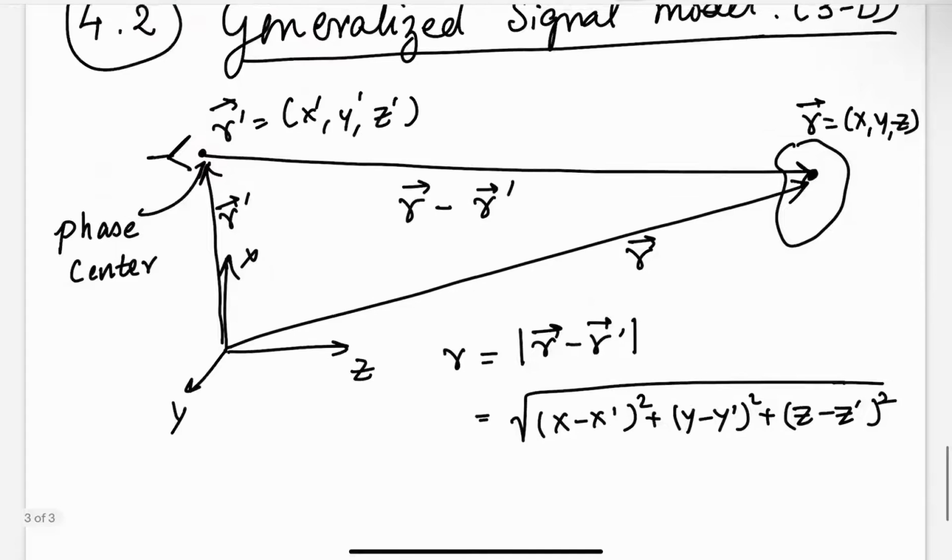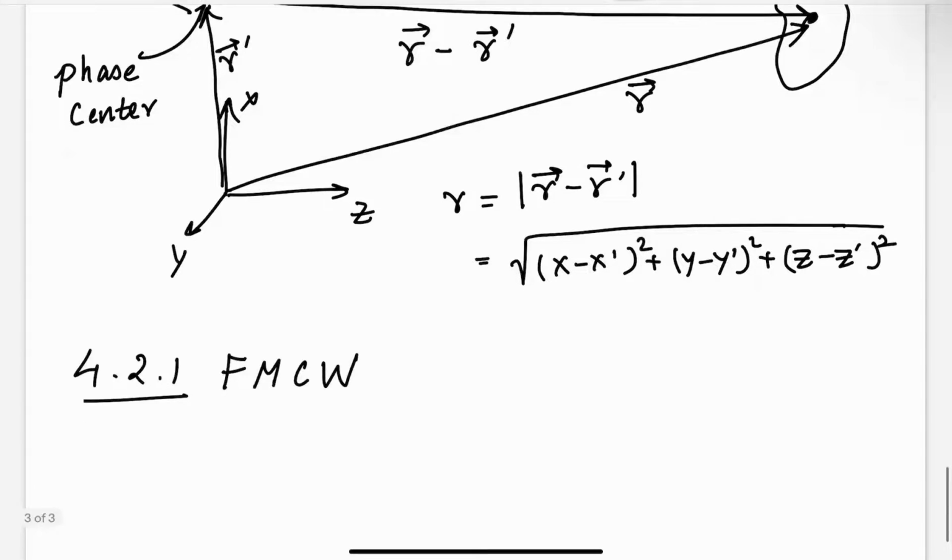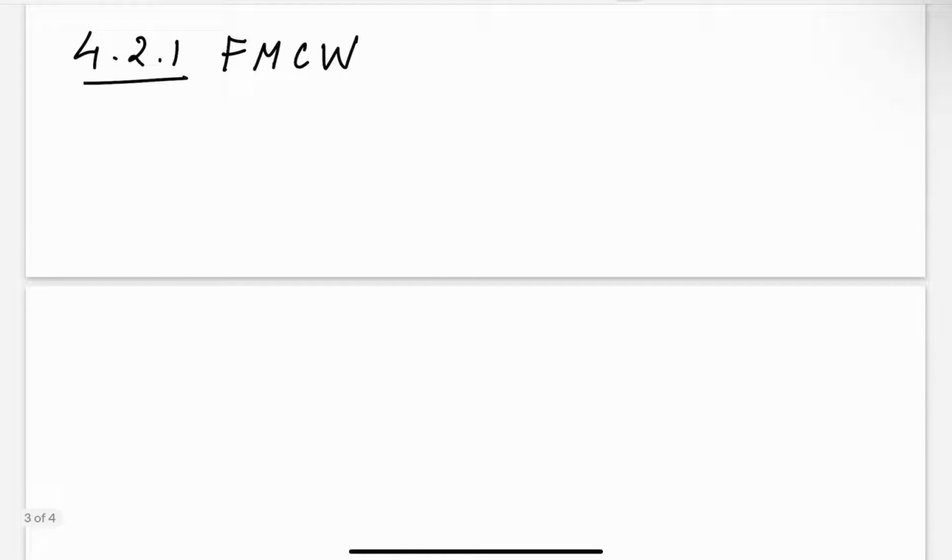Okay. So first we'll deal with FMCW, 4.2.1. I'm not going to review the basics of FMCW again. I've already done that. So we'll just start with the IF signal that we receive. Let's say I have some target at a distance R, a single target. The single target IF signal looks like this, which is already covered in the other video.